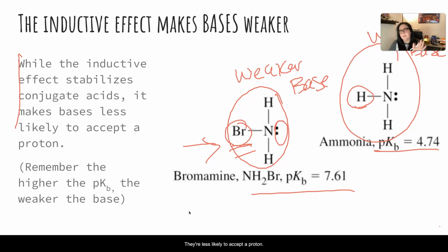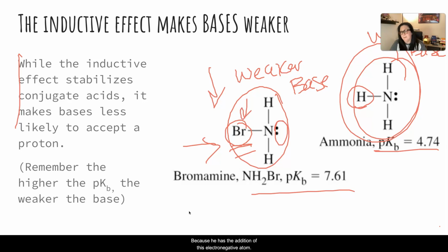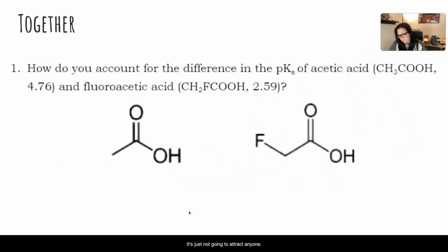They're less likely to accept a proton. This molecule over here is a lot more willing to accept a proton than this one. Why? Because he has the addition of this electronegative atom. So it's the inductive effect, okay? It's pulling the electrons closer to the bromine. That means there's less effect on that one side of the nitrogen. It's just not going to attract anyone.